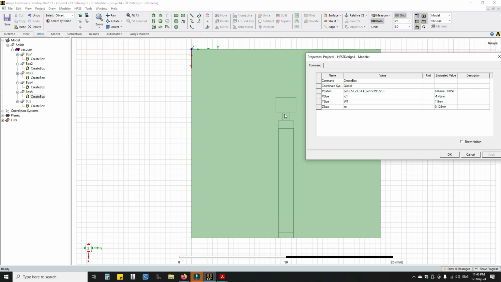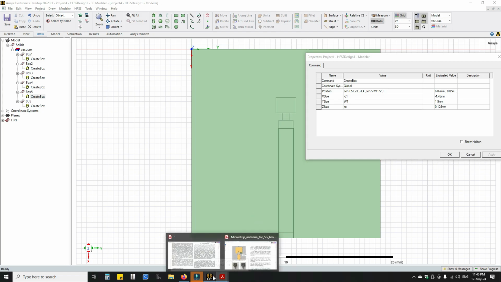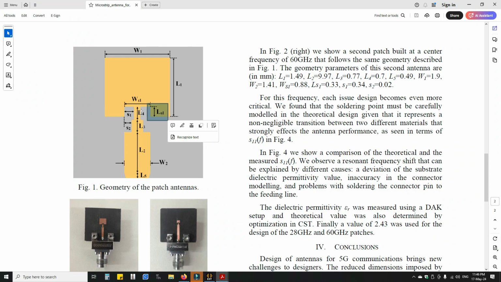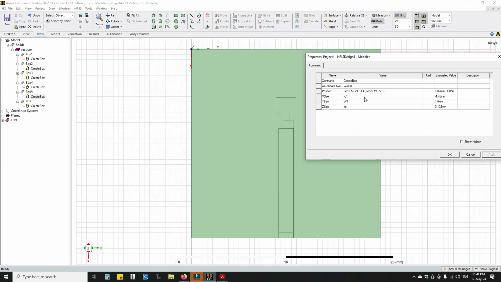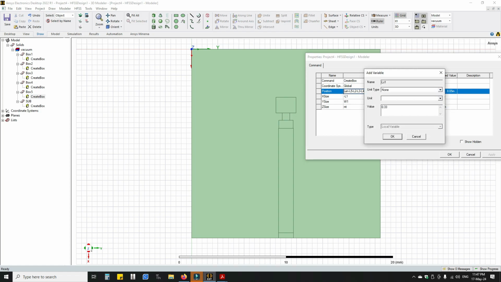It is started on the top of this structure, but I need to subtract LS1 from here. So subtract LS1, that is LS1, 0.33 millimeters, plus LS1, sorry, plus LS1, that is 0.33 millimeters.